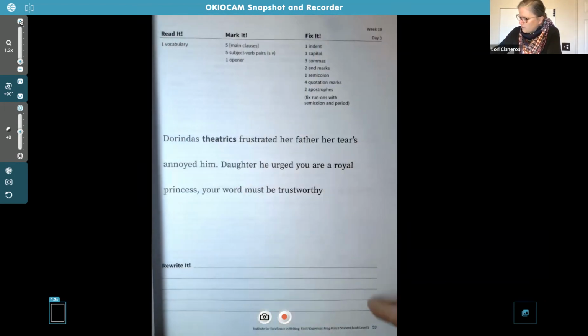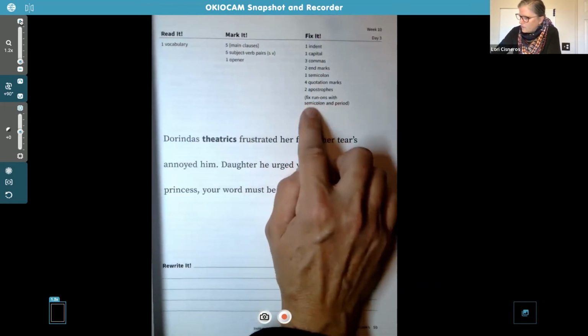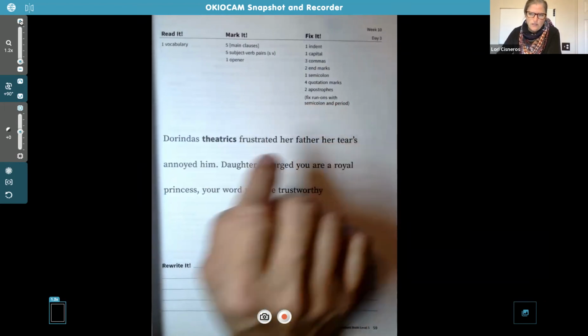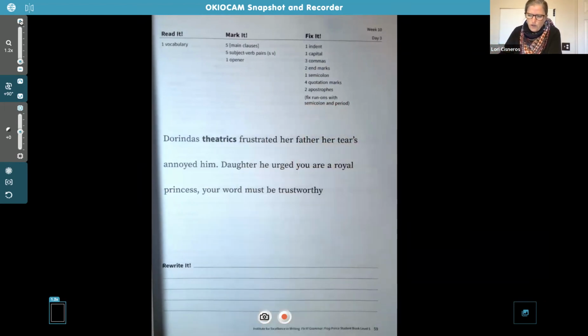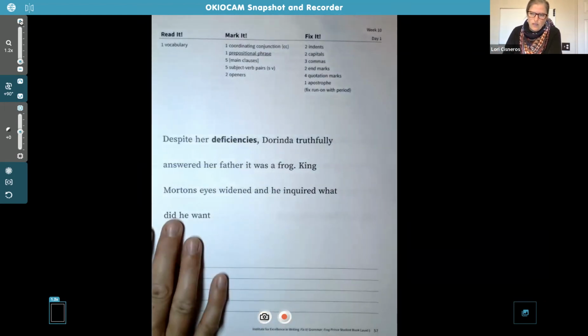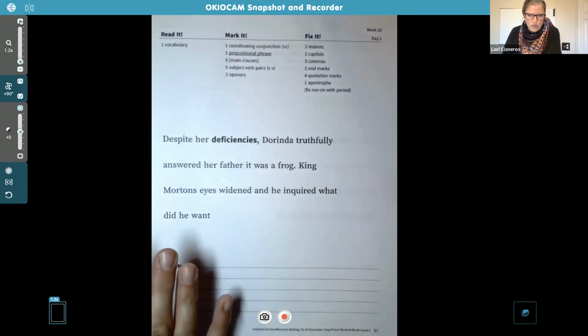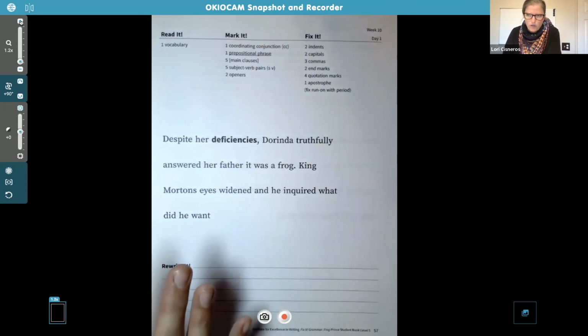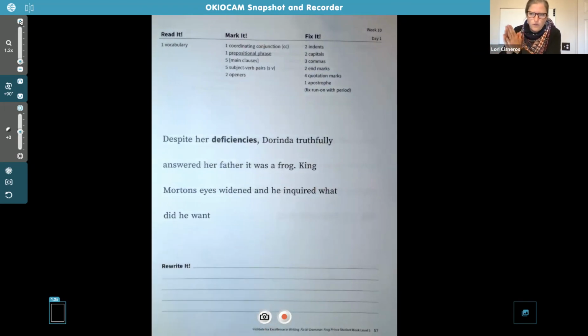Some of them, like on page 59, it says fix run-ons with semicolon and period. So that's your clue to know how to fix it. Remember, go back to your learning page that we just went over to help you figure out where it needs to go. And like usual, I will give you the answer key, but try to do it on your own first, like you normally do. And we'll see how it goes from there.